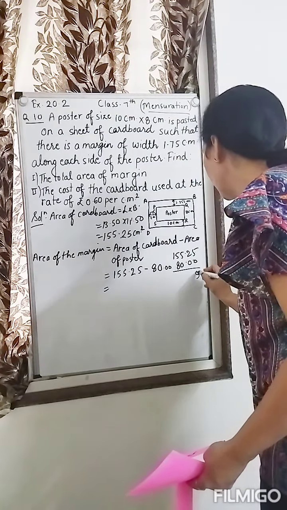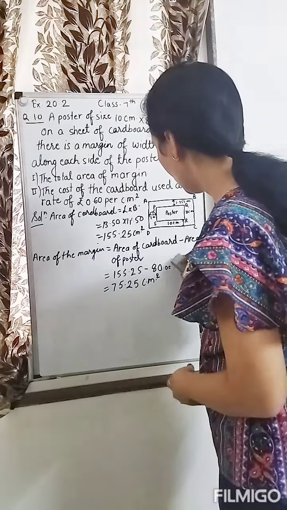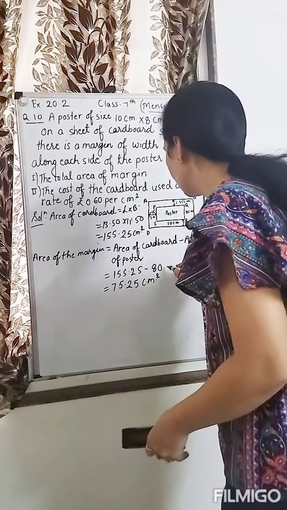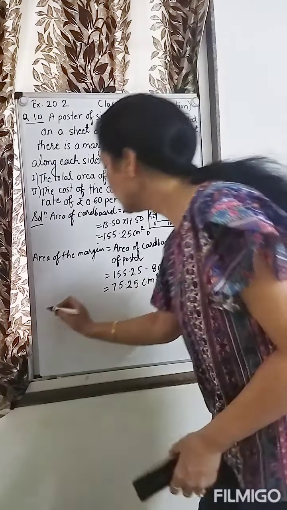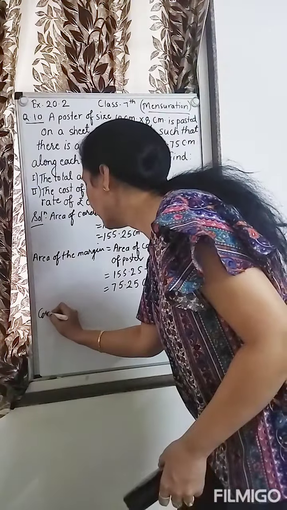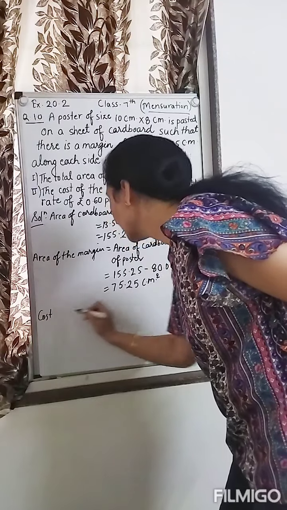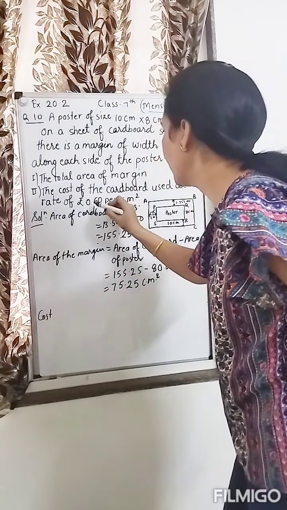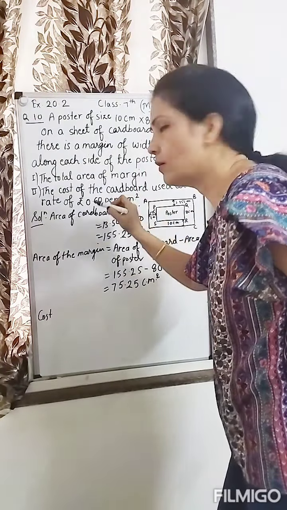From this question, one part is answered. Area of the margin is 75.25. Now we have to find out the cost of the cardboard. To find out the cost of the cardboard, we have to multiply the total area by the per centimeter square price given.